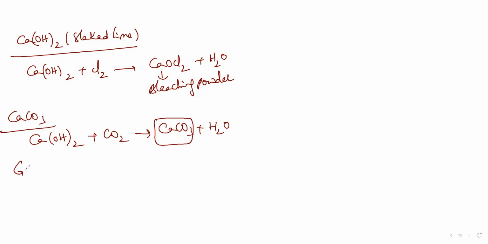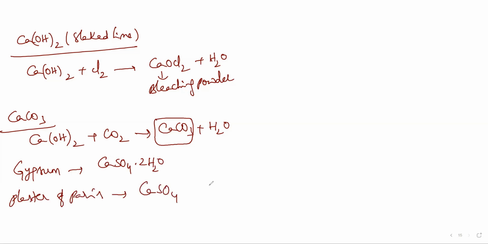Next, gypsum. What is gypsum? Calcium sulfate dihydrate, CaSO4·2H2O. Then plaster of Paris. This is calcium sulfate hemihydrate or semihydrate.